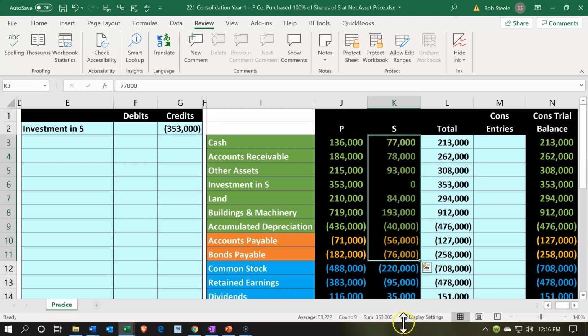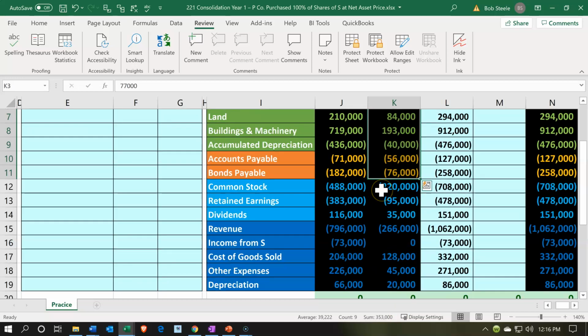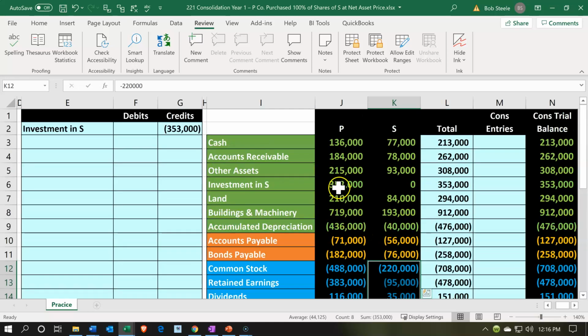Assets minus liabilities are the 353, which are being represented on P's books by that 353. Or in other words, total equity at this point in time, including the equity section and the income, is 353. So the net assets minus liabilities, equal to total equity, is what is on the books for P related to the investment in S.